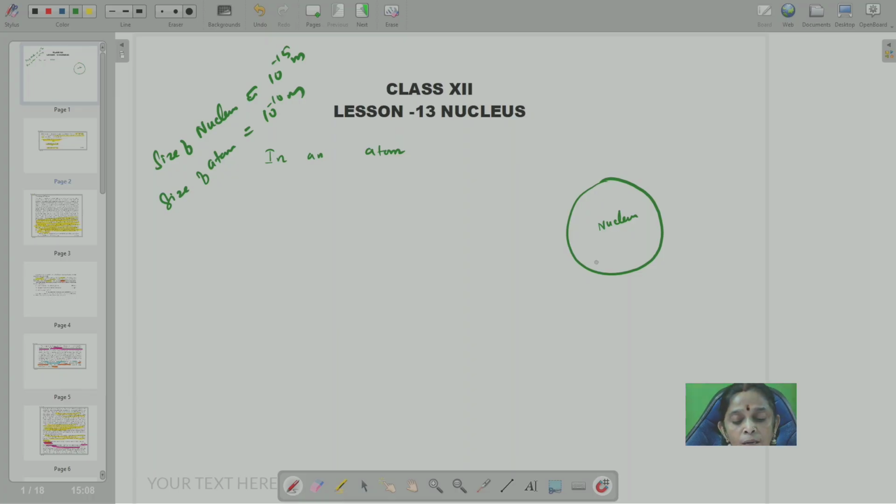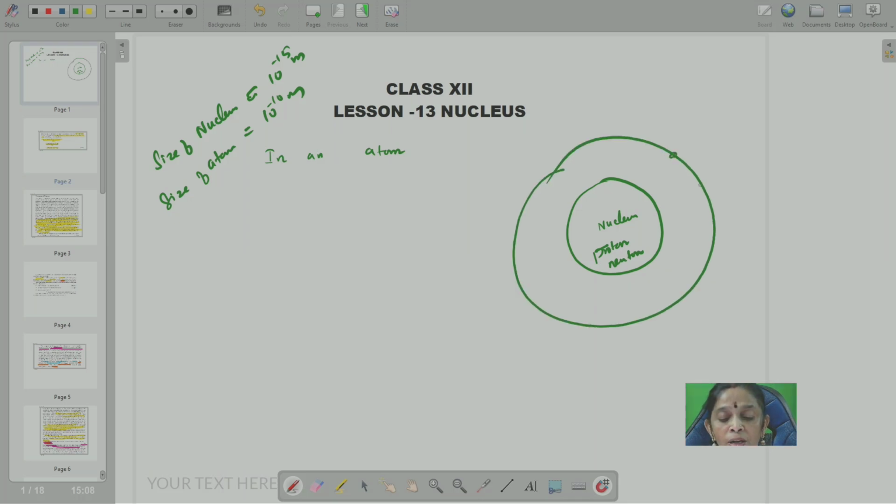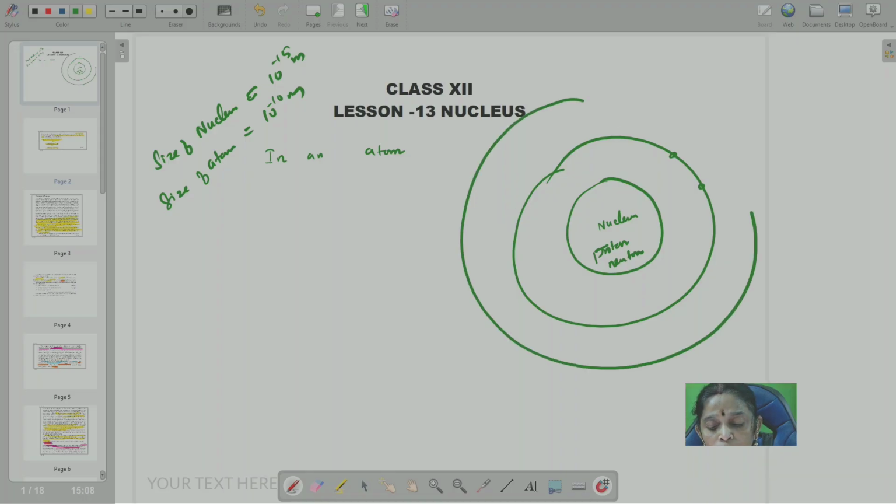So now coming to this, nucleus is a positive charge. So nucleus inside, what will be there? Proton and neutron will be there. Electrons will be revolving around it. So this is the electron which is revolving around the nucleus. I have already told you, view in such a way that there is a vast space.